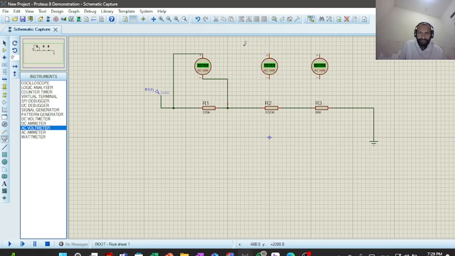So here we go. As you can see, this one is 7.2 volts, this one is 0 volts, and this one is 4.80 volts going into the power dissipating through these two resistors.